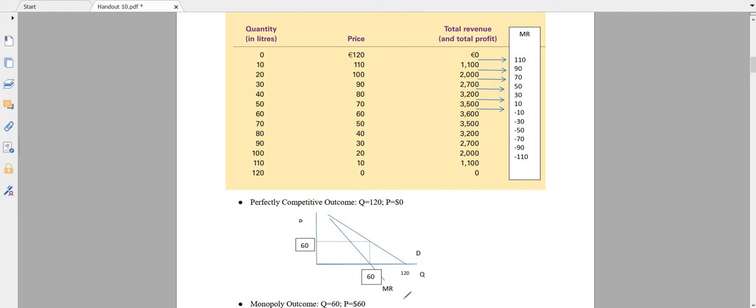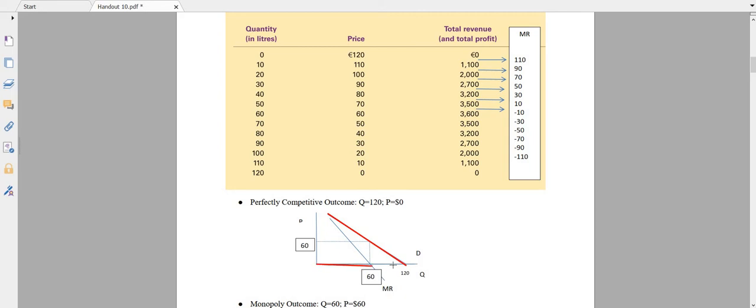Now, we learned earlier that in the case of a perfectly competitive market, a firm operates where the market demand curve cuts the market supply curve. So what you see in front of you is the market demand curve. We don't have a supply curve here, but we learned previously that the marginal cost, or MC curve, can proxy as the supply curve.